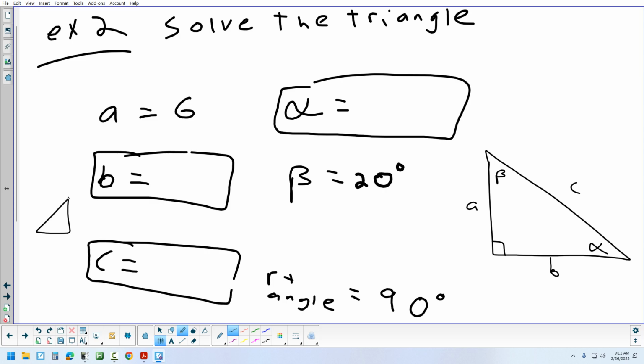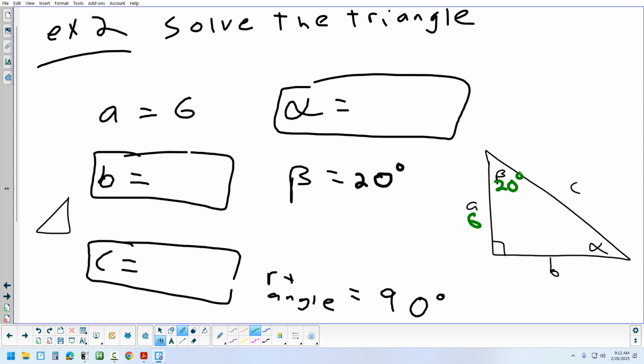What's important is what is across from what. Okay, so a we know is 6. b and c, we don't know. But beta, we know is 20 degrees. I think I already said this, but everything's degrees in this lesson.